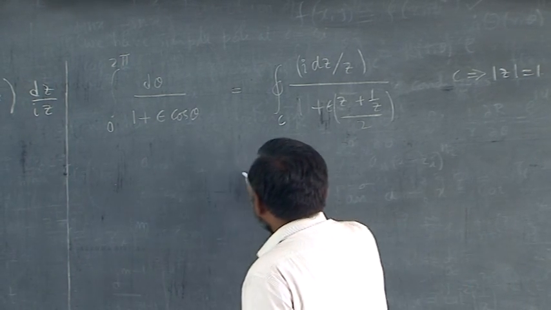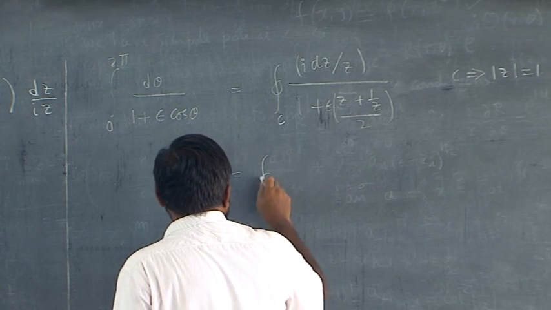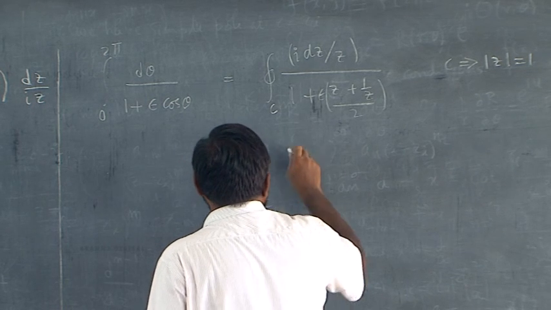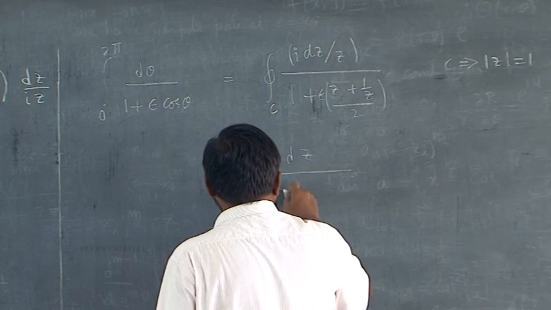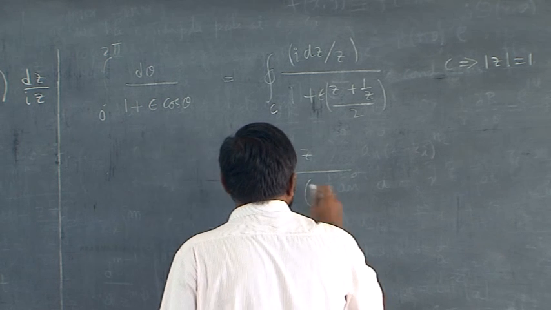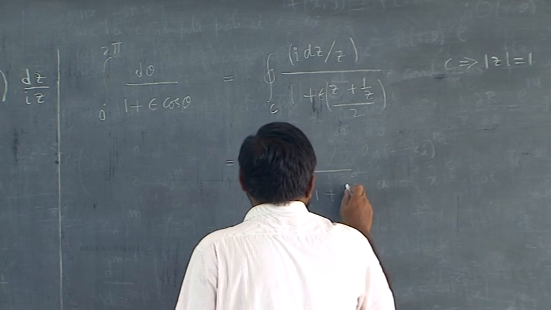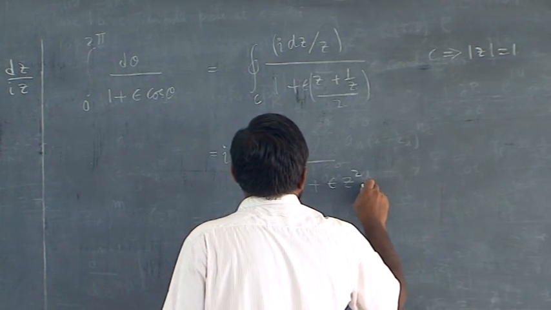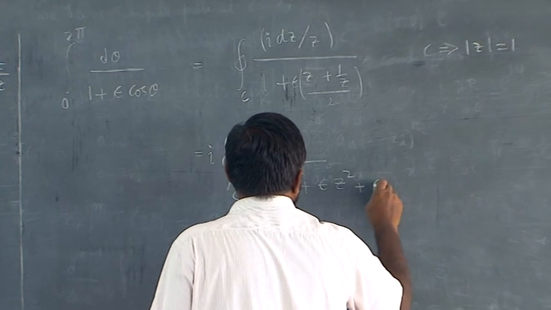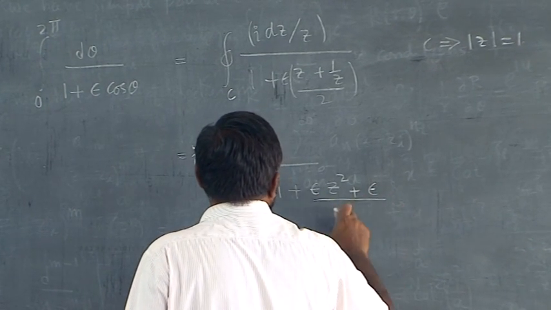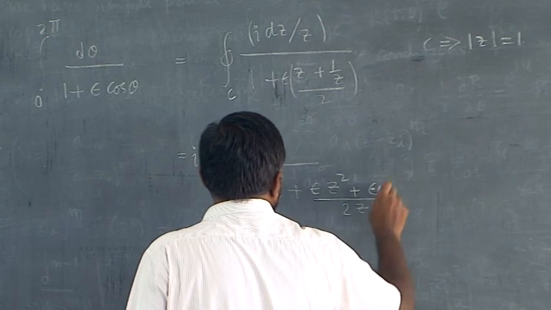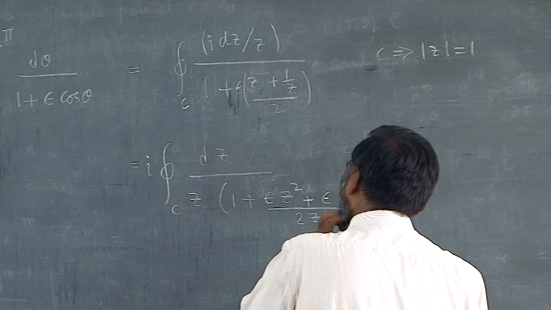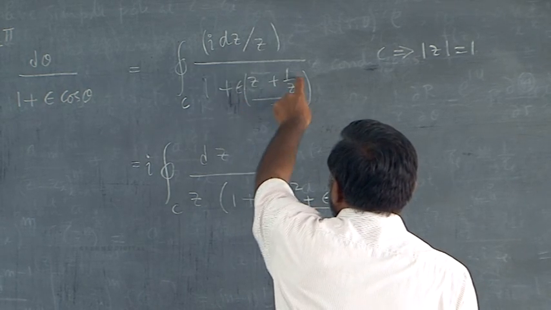So this can be written as an integral over this contour, i dz divided by z times 1 plus epsilon (z square plus 1) divided by 2z.